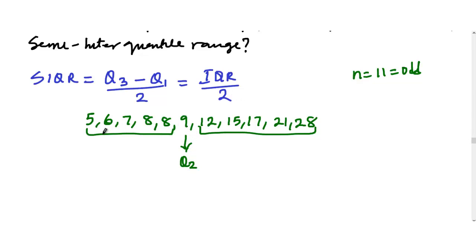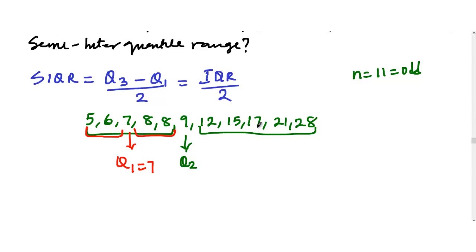So like I said, the median of the lower half of the data will give us Q1. This is the lower half, and this is the upper half. So the median of the lower half will be 7. If you take 2 to this side and another 2 to this side, our Q1 here is 7.